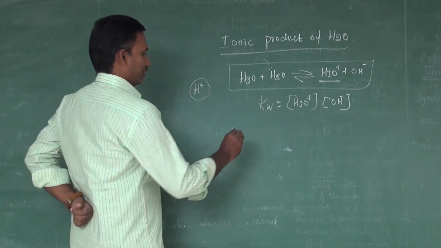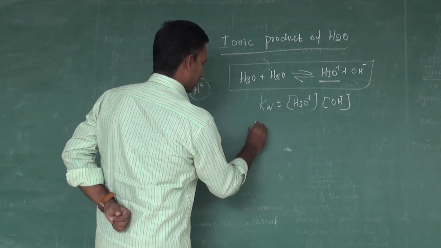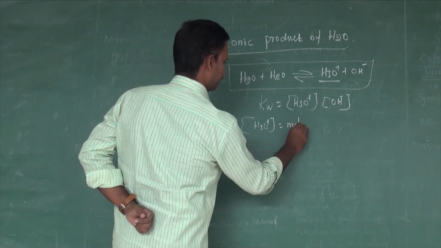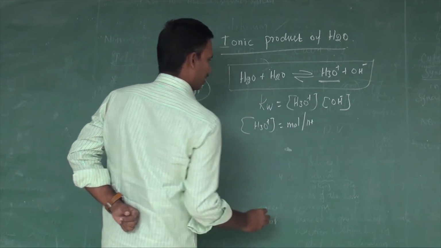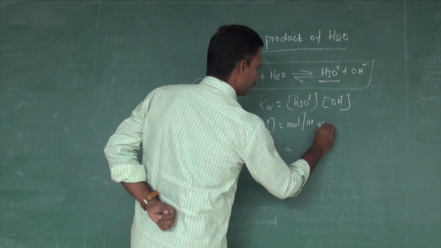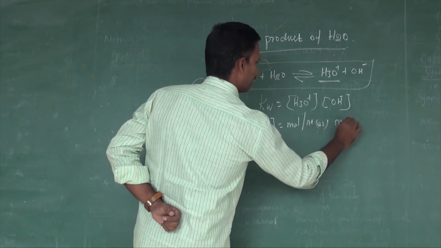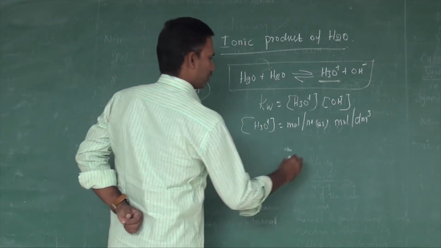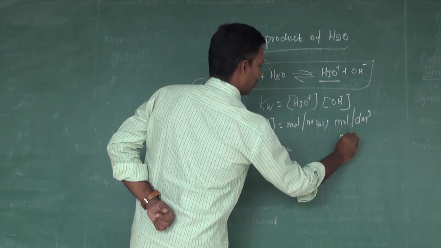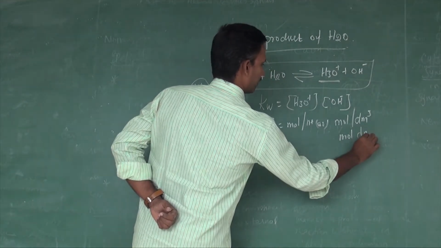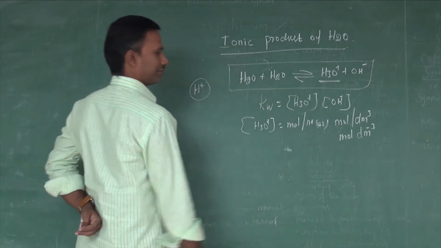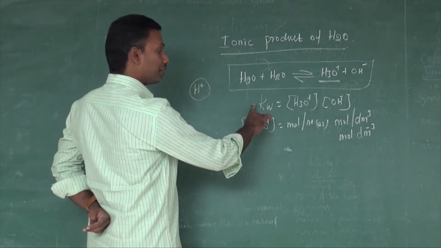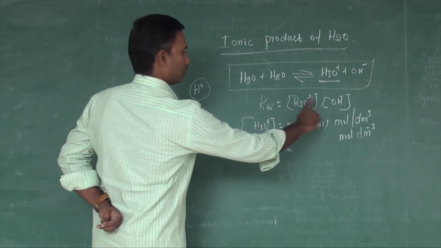Then the unit. Simply, the concentration unit is given by mole per liter, or otherwise mole per decimeter cube. It can be written like this: mole decimeter power minus 3. So the concentration term can be expressed like this. But what is the unit of the ionic product of water? Two concentrations are there.